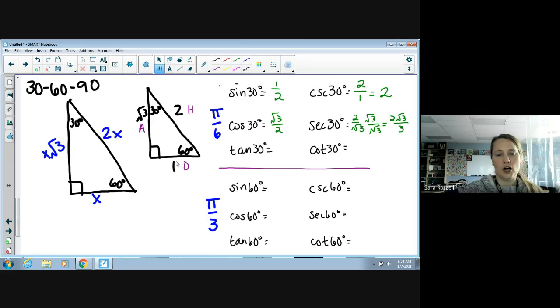And tangent is opposite over adjacent, which would be 1 over √3. I'm going to go ahead and do the reciprocal, then I'll rationalize. So √3 over 1. So we do √3 on top and bottom, and it just ends up being √3 over 3.